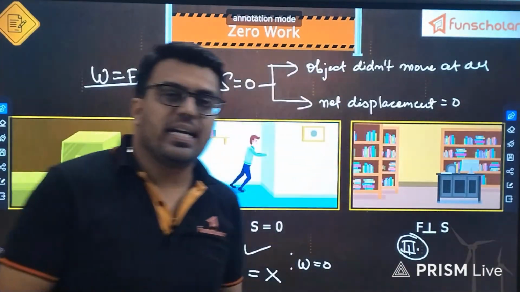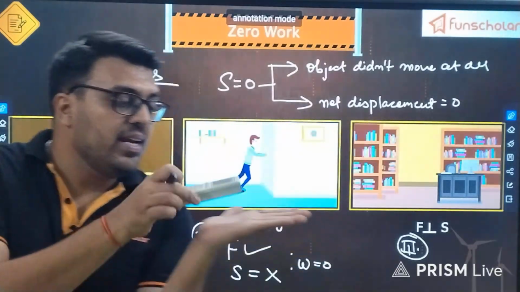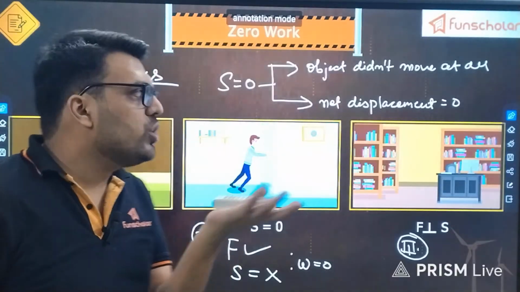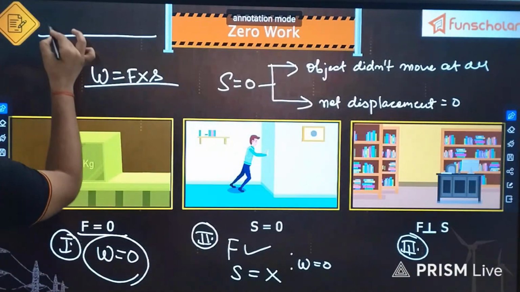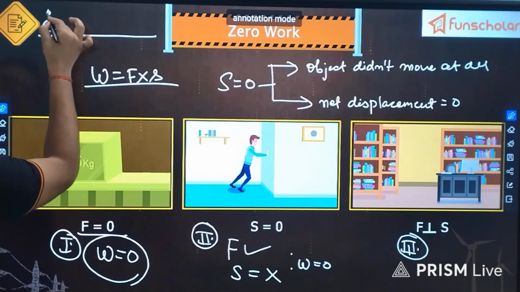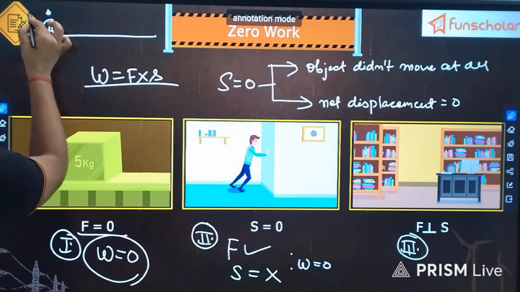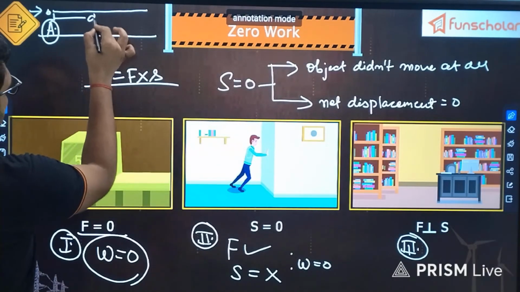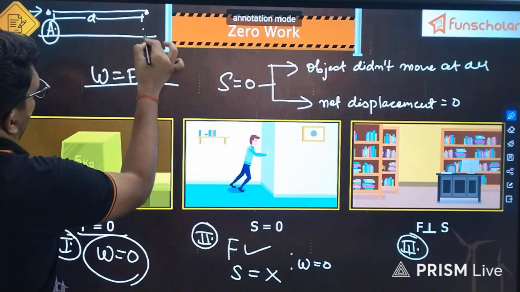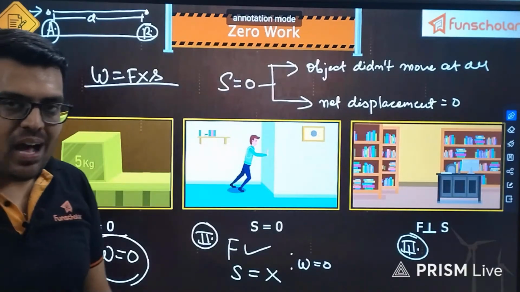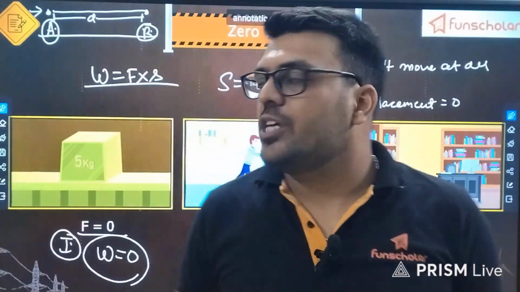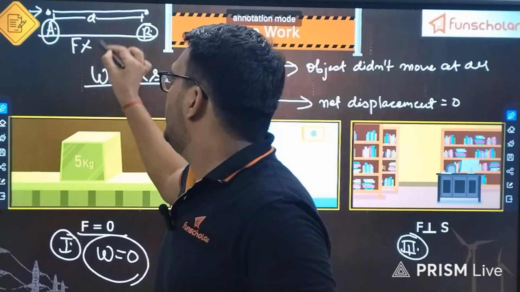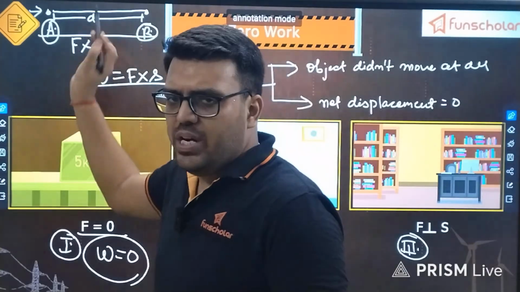Suppose, again, this remote control becomes very handy. It helps us to understand work. So this is the initial position of the remote control. Let's say at point A, this object was initially present and I have applied a force on this. Because of this, it has moved through a distance d and reached point B. So if I am talking about the motion of the object from A to B, the work will be force into this displacement, let's call it S or D, whatever.